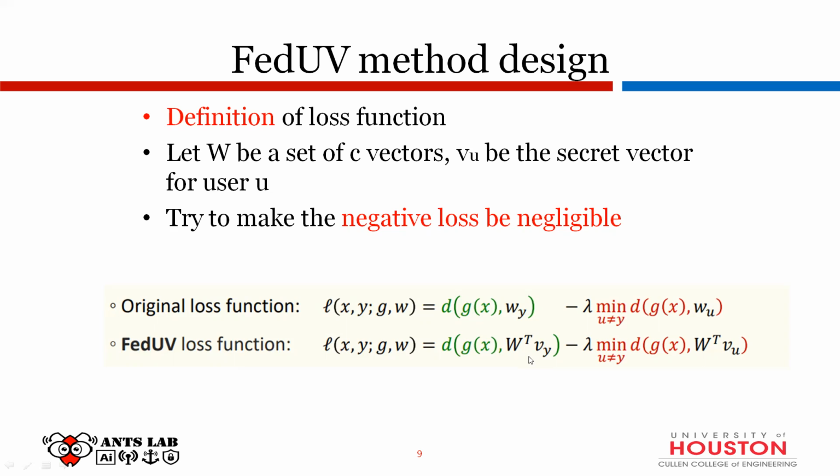When you run federated learning, the system will learn a W here. So the big W, this projection, jointly with the random vector VY will serve as the true user embedding vector. So I think the VY here is just like an initial vector.